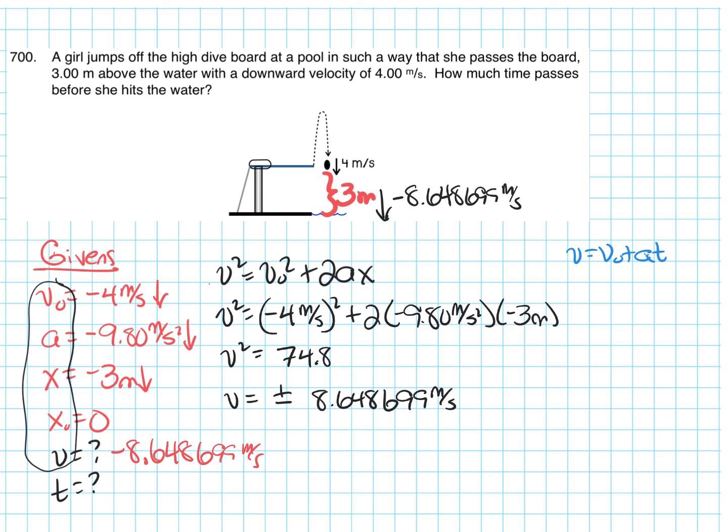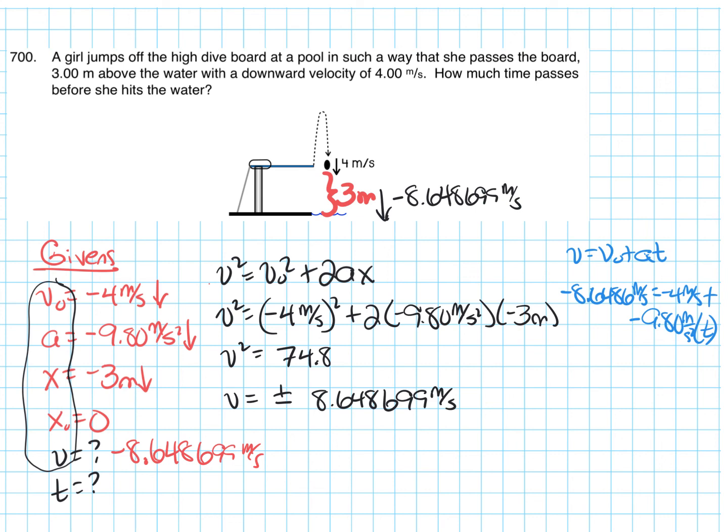So my final velocity is going to be negative 8.6486, equals my initial velocity, which is negative 4 meters per second, plus negative 9.80 meters per second squared times my unknown, time. So negative 8.6486 meters per second equals negative 4 meters per second plus negative 9.80 meters per second squared times time.